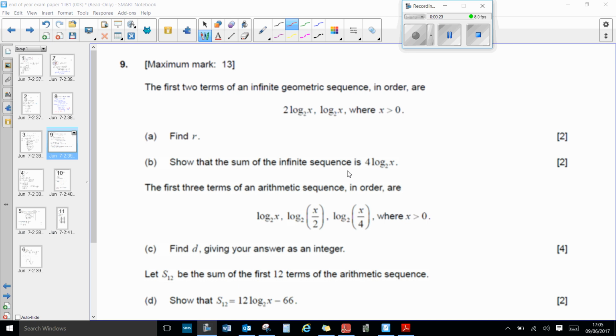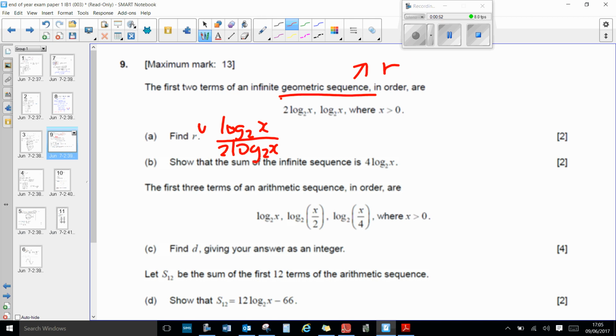So the first two terms of an infinite geometric sequence. The key here is it's a geometric sequence, which we know means that there's going to be a common ratio somewhere. So r represents a common ratio. We know that a geometric sequence is formed by multiplying one term by another. So to find the common ratio, we're going to do log base 2 of x divided by 2 log base 2 of x.